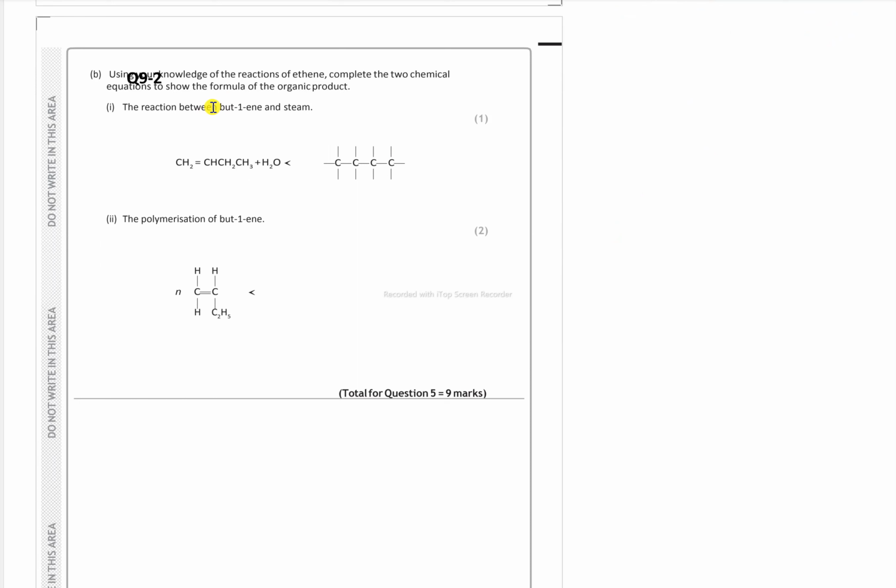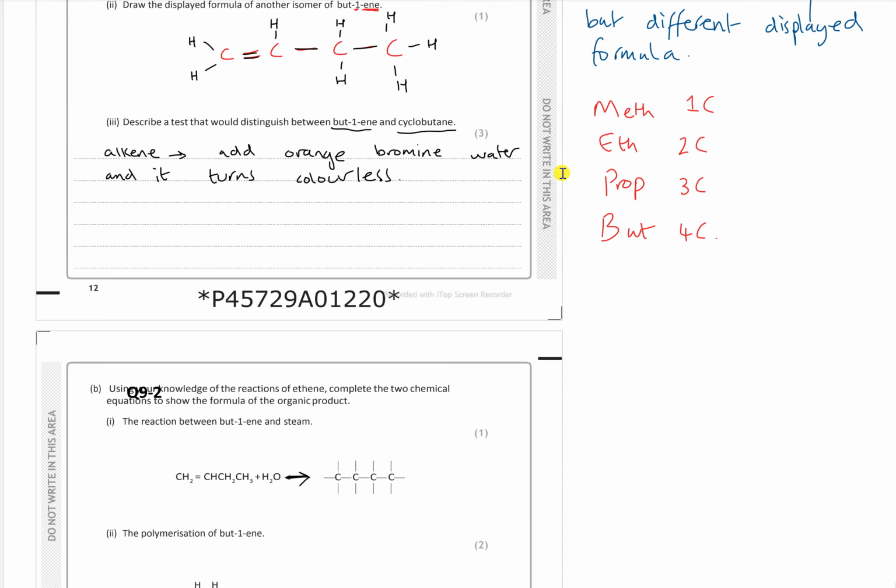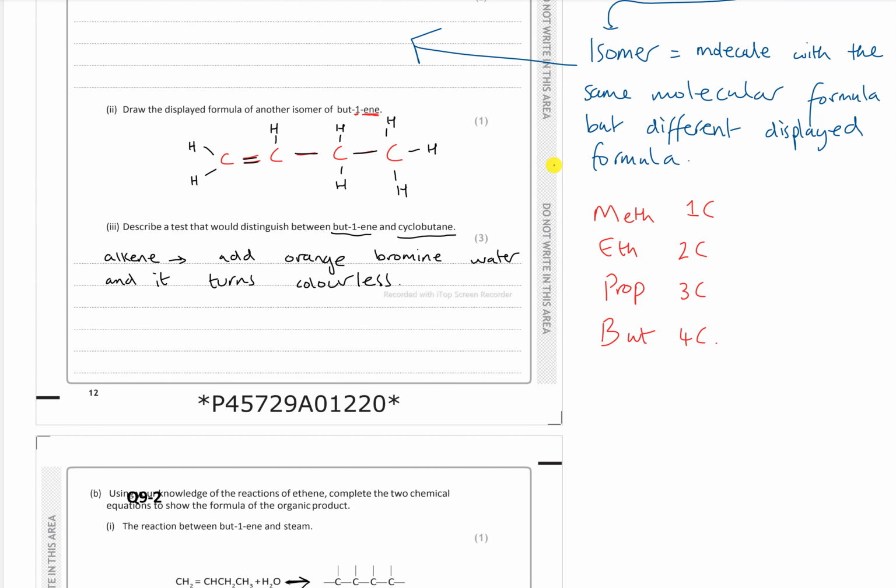Using your reaction knowledge of ethene, characterize the reaction between butene and steam. Oh my word, that is a typo. That should be facing that way. Oh, it's a 3 marker. I forgot this, my fault. I've just seen the mark scheme. If you add it, it turns colorless with but-1-ene.